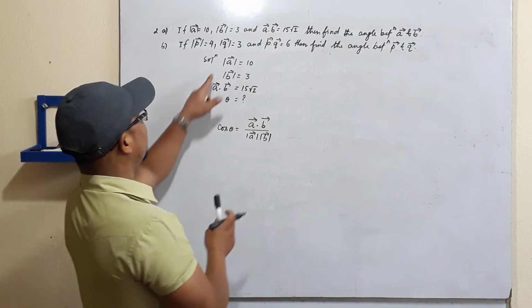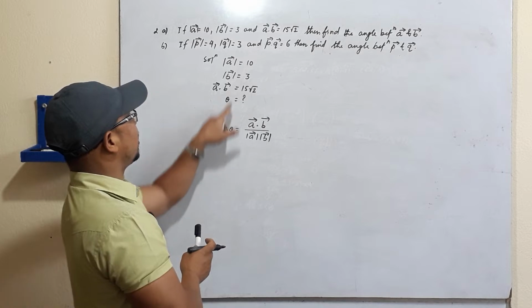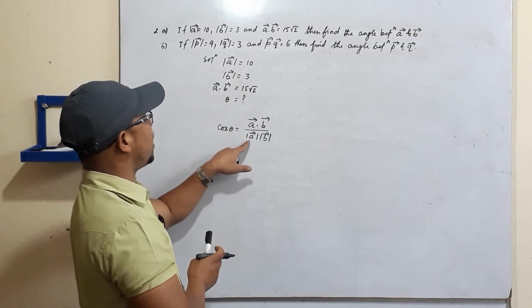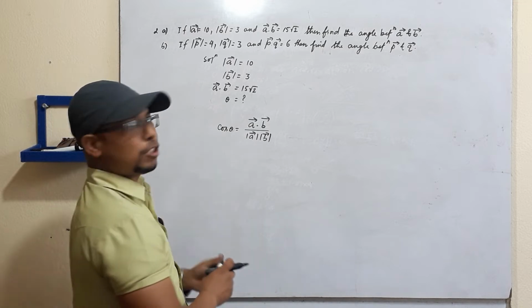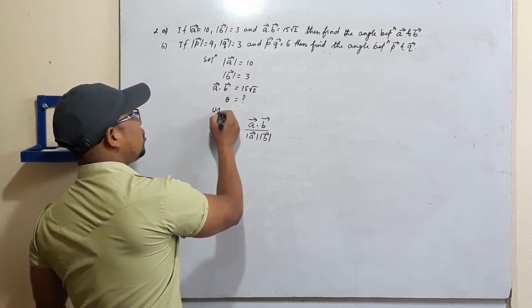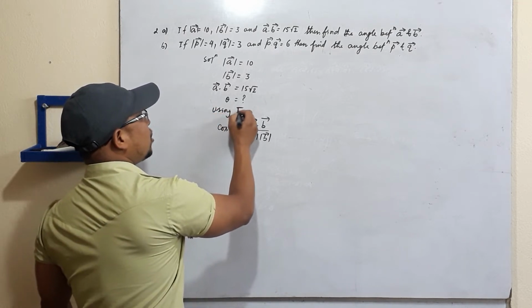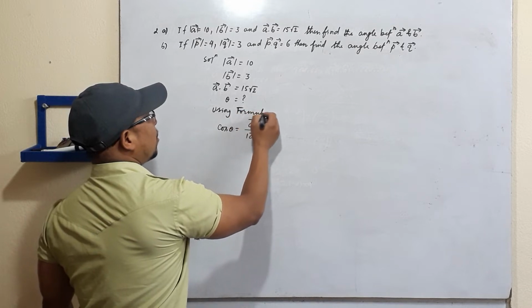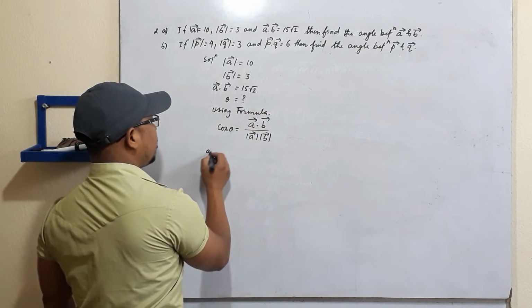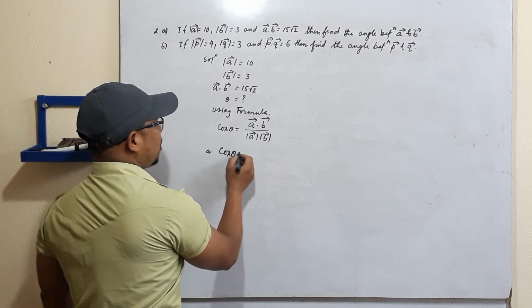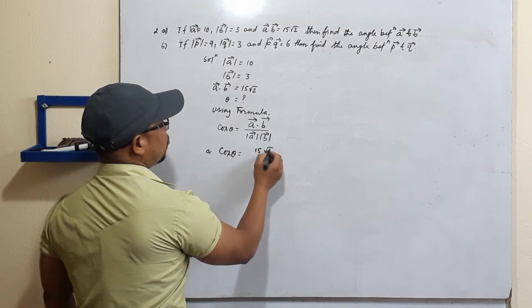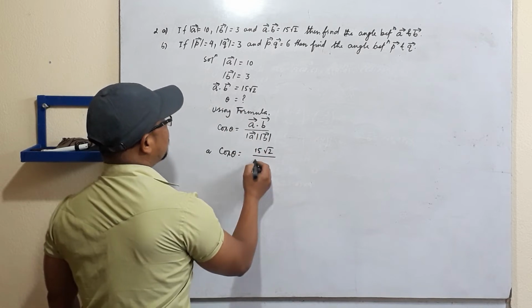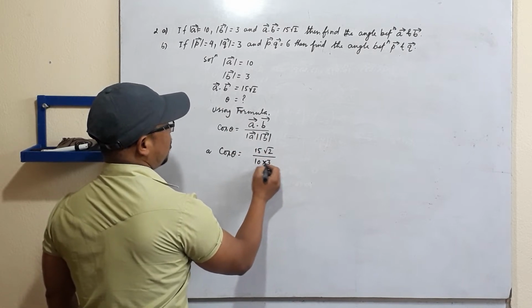Now here the magnitude of A, magnitude of B and A dot B are given, so directly use this formula. Now let's put the values here. cos theta equals A dot B, which is 15 root 2, divided by magnitude of A, 10, into 3.